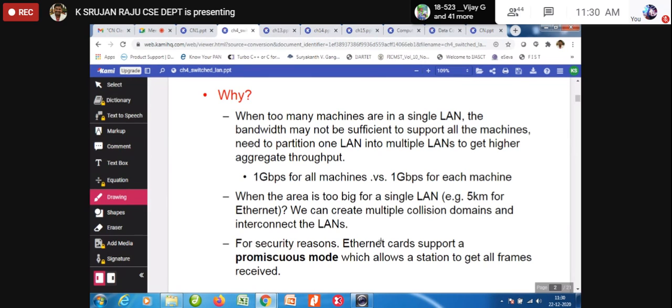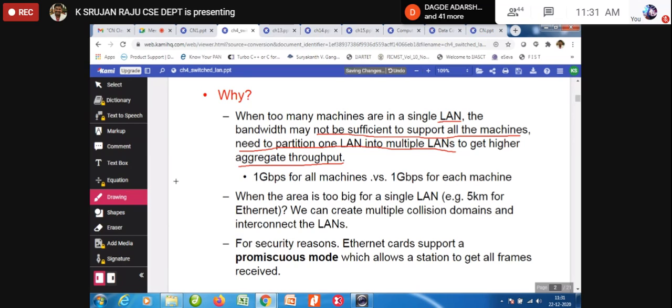But when we look at 1,000 lines, the efficiency comes down. Similarly, when too many machines are in a single LAN, the bandwidth may not be sufficient to support all the machines. So we need to partition one LAN into multiple LANs to get higher aggregate throughput.